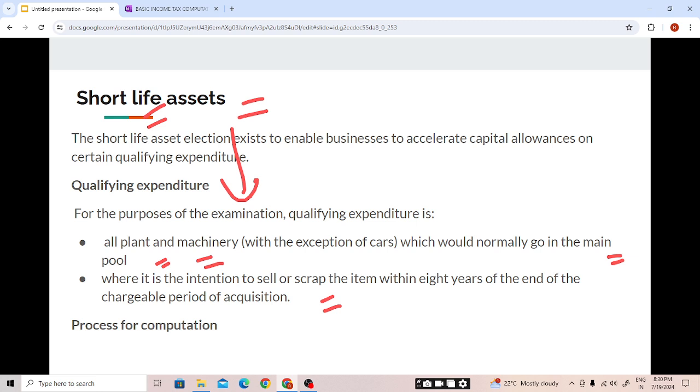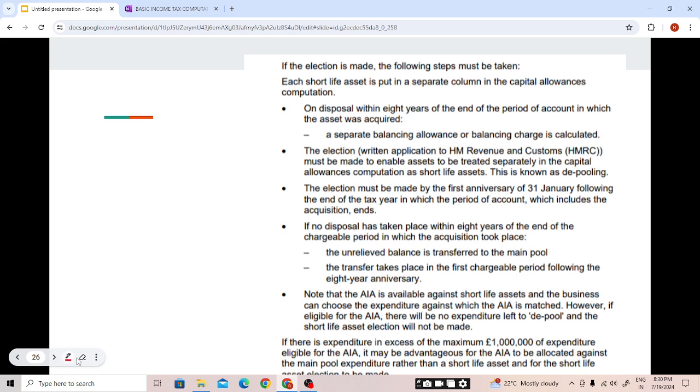And students, only the assets which are in the main pool will be selected. This short life asset is an option, students. It is not mandatory. And if after 8 years we are not able to sell it, then the unrelieved balance will be transferred to the main pool.